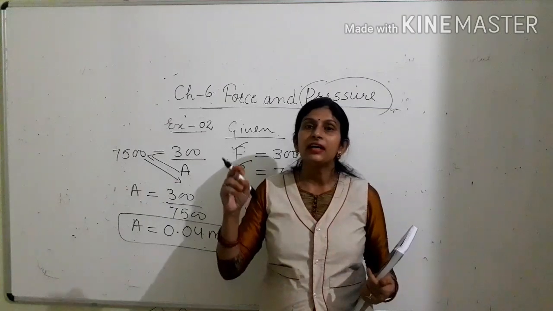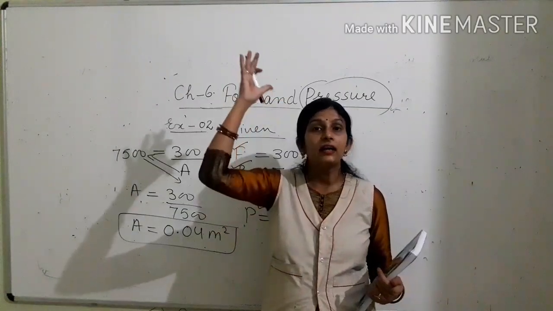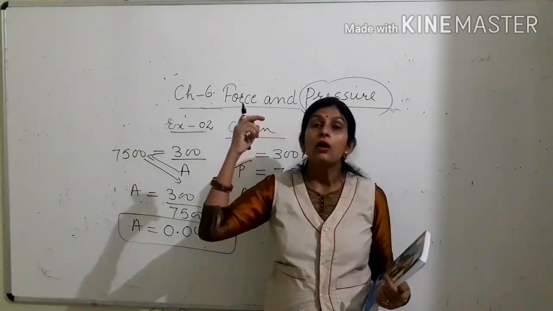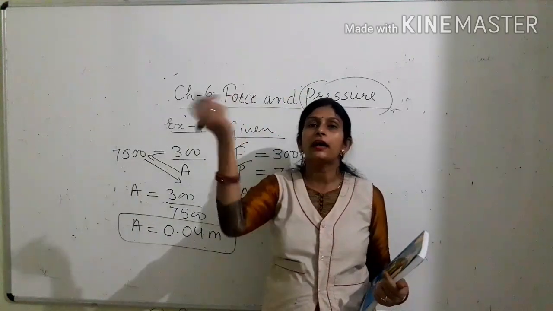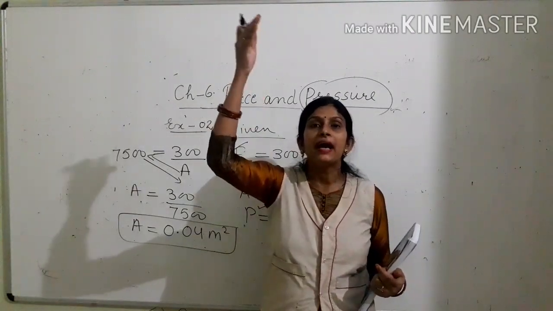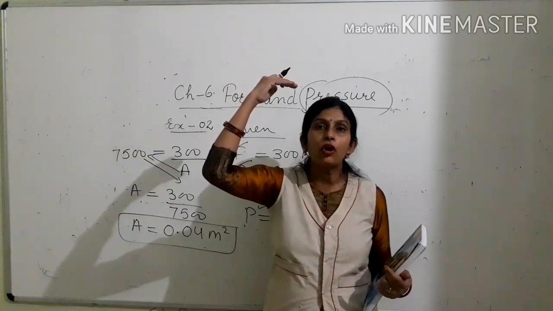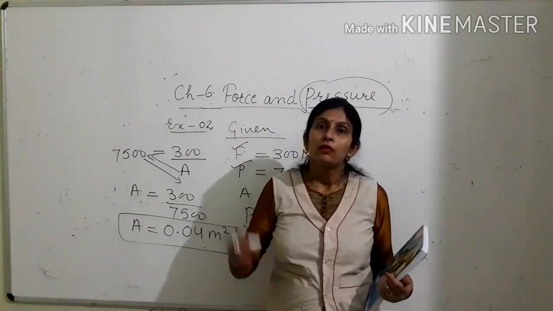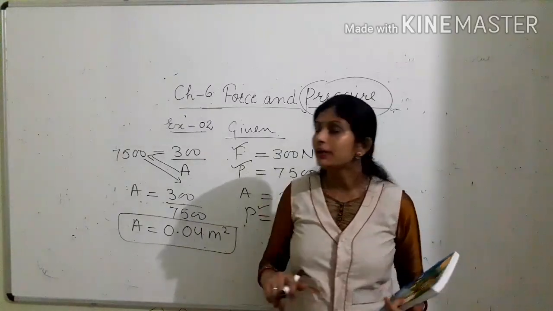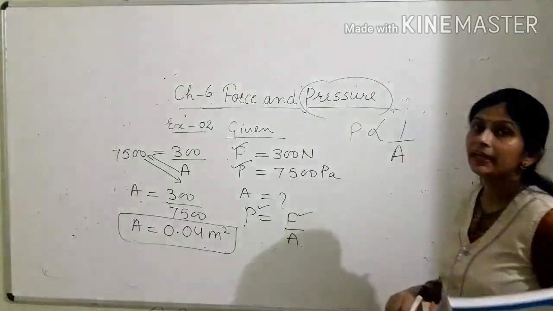Now, when they keep any luggage, any heavy load on their head, that luggage will apply a force on the head. But by wrapping cloth around the head, the area is increased. So the force applied by luggage or any heavy load will be on a large area, which will reduce the pressure, because I already told you that pressure is inversely proportional to area.